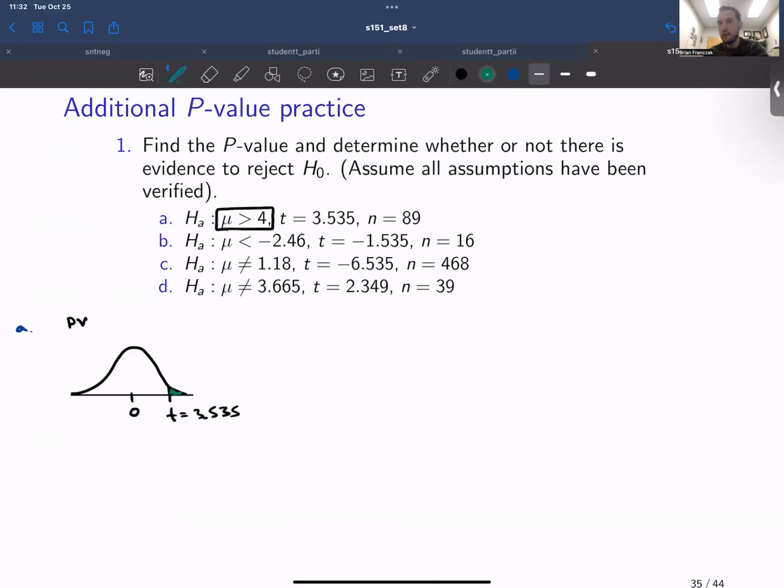It's an upper tail test, so the p-value is the area above the test statistic. Here the p-value is the probability that t is greater than 3.535. We have 89 degrees of freedom.